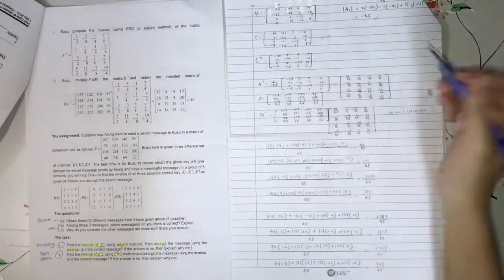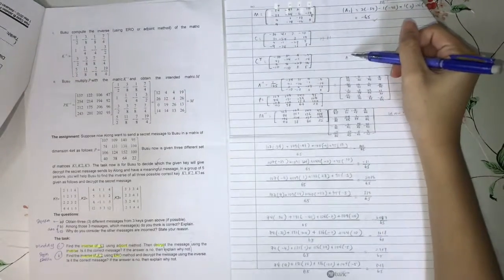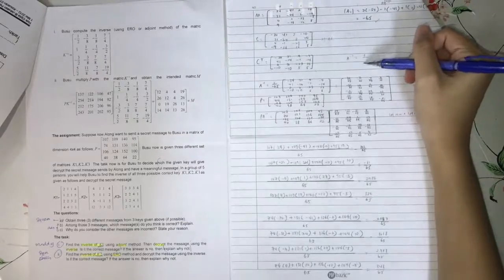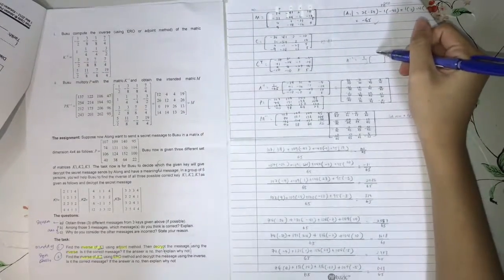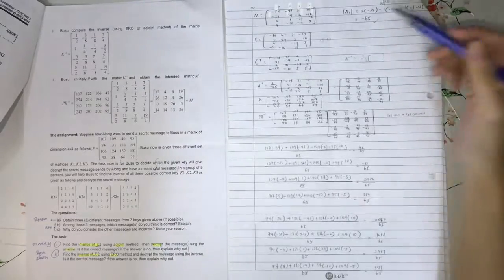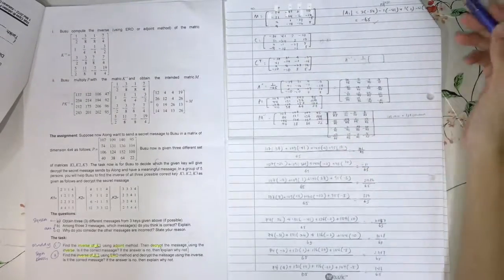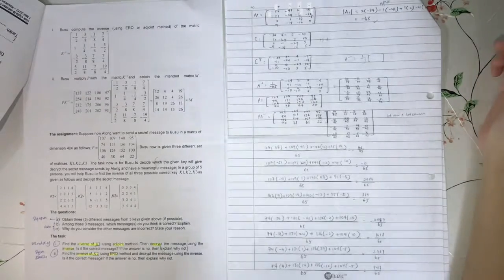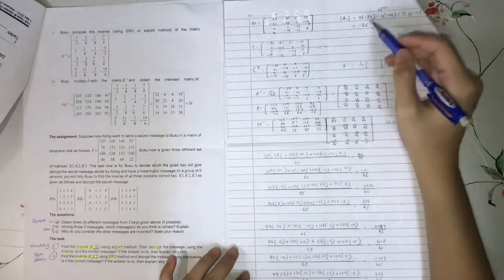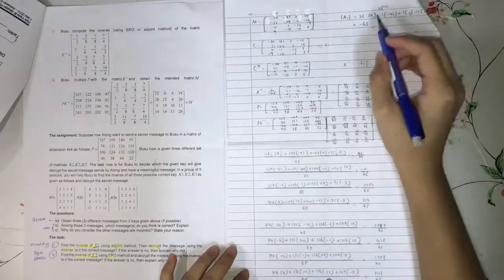So the inverse formula equals 1 over the determinant times the transpose of the cofactor. Okay, so the determinant we found is negative 65, and how we find this determinant is that we just sub in the values of any row.